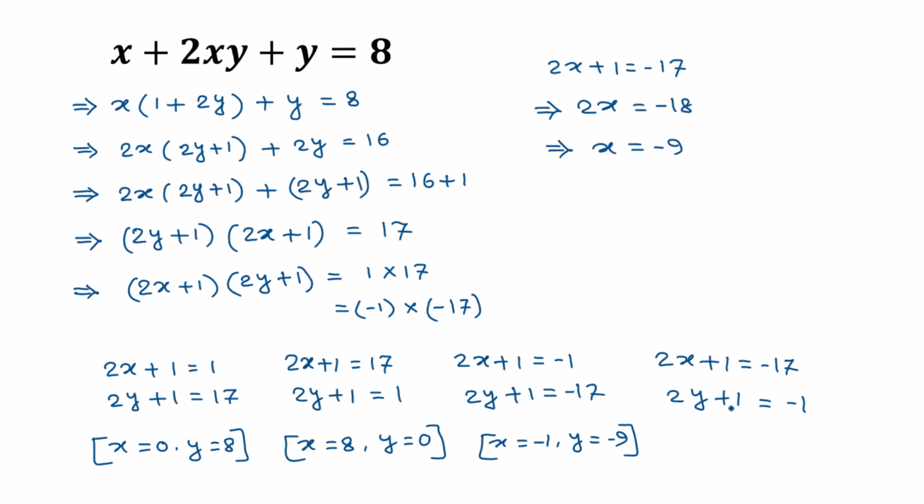And for this equation, 2y + 1 is equal to negative 1, or taking this 1 to the right side, we get 2y is equal to negative 2, and dividing both sides by 2, we get the value of y is equal to negative 1. So for this case, x is equal to negative 9 and y is equal to negative 1.